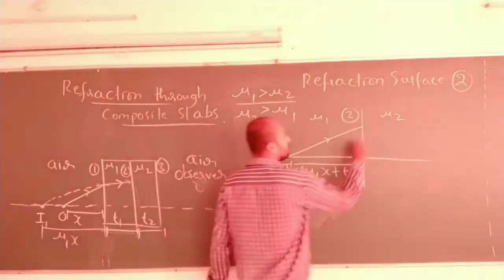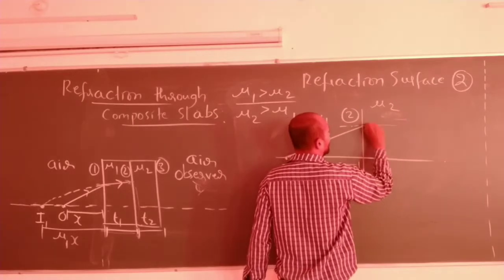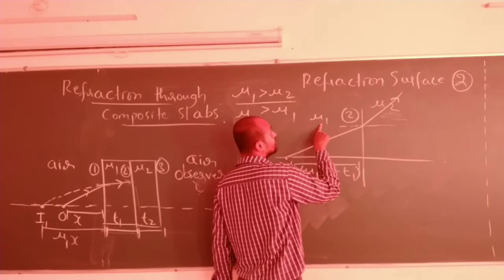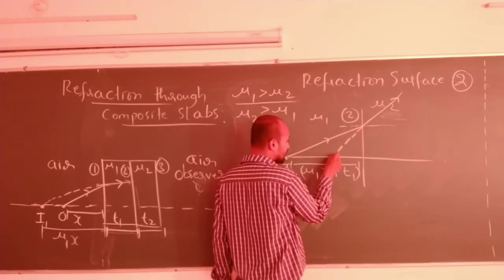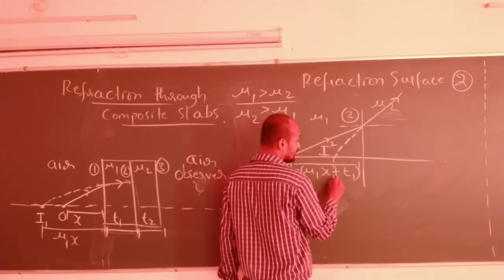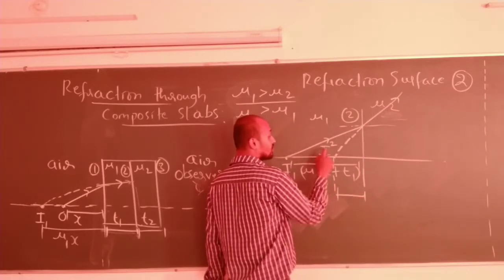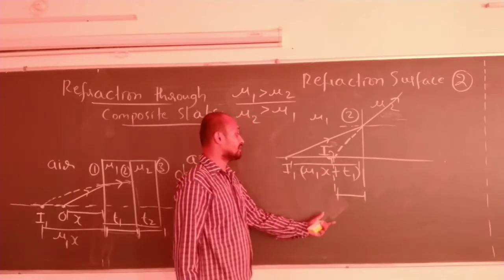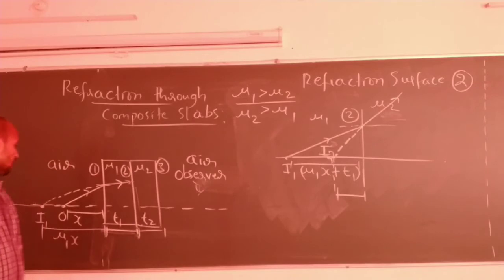Now see here. For this ray, if I draw one normal, it is bending away from the normal. Why? This is greater, this is smaller. So what happens? Another image is formed. What is that? I2 image. Correct? If I measure the distance from surface 2 to this I2 image, how much will it be?